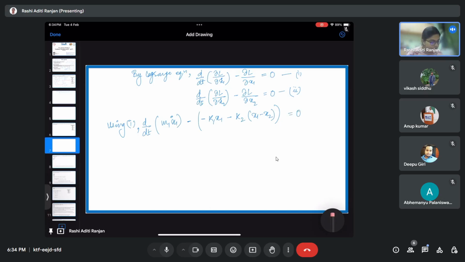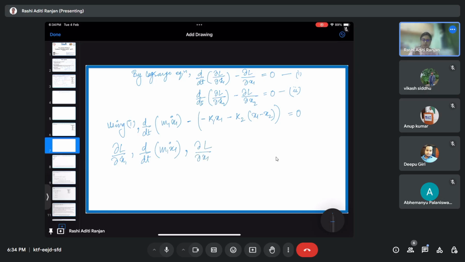So partial differentiation of m1 into x1 dot. There is one thing that I would like to tell you: for this equation also, I did a few things. First is del L by del x1 dot, now second one, I have this d by dt of m1 x1 dot, and third one is I did del L by del x1, right?